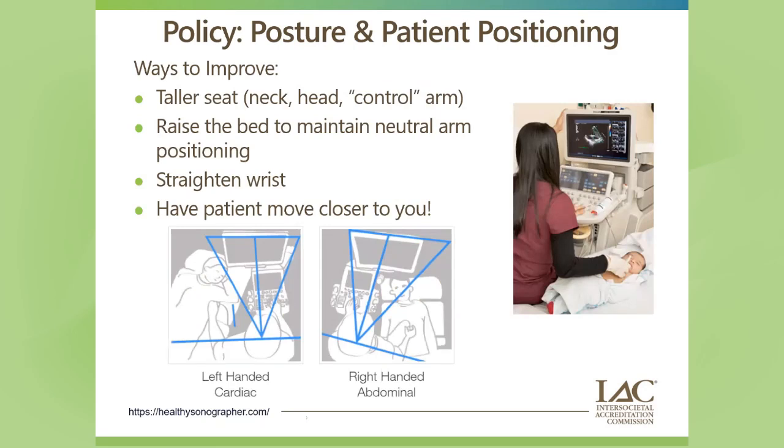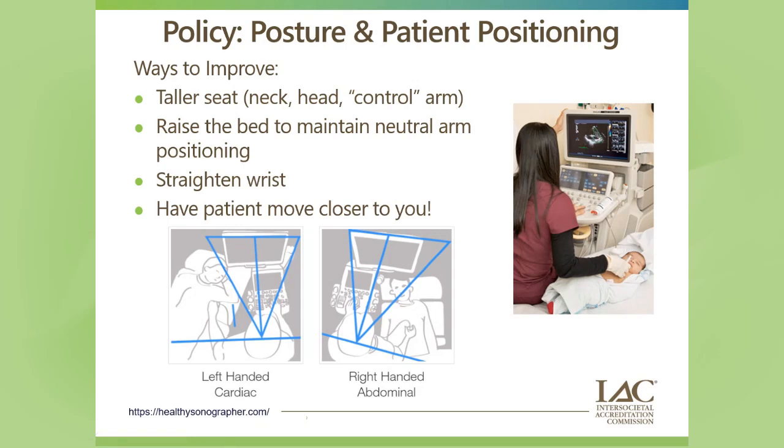So getting again into that posture and positioning, what we can do is bring that seat height up. So the neck, the head, our control arm, you can see in this image on the right here that this looks like the sonographer might have their hand adjusting the ultrasound system there, or someone has their hand there, maybe it's a physician.